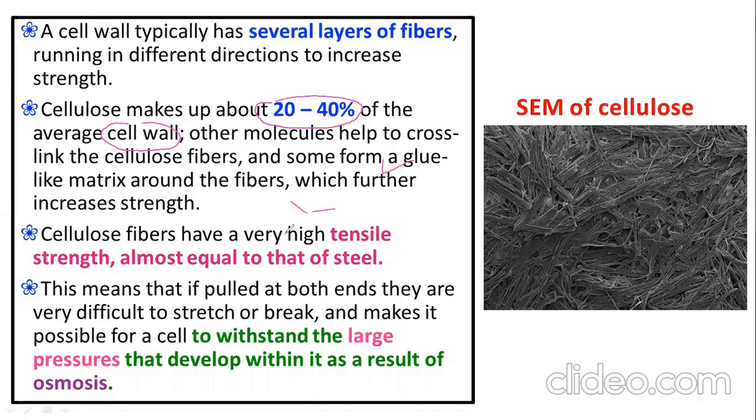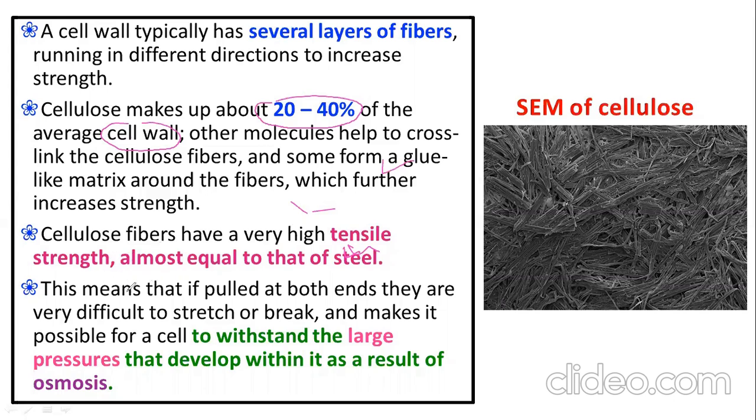Cellulose fibers have a very high tensile strength, almost equal to steel. Tensile strength, you know, right? If you are putting pressure over something, how much force you are applying, and how much it can tolerate that force. This is called tensile strength, right?